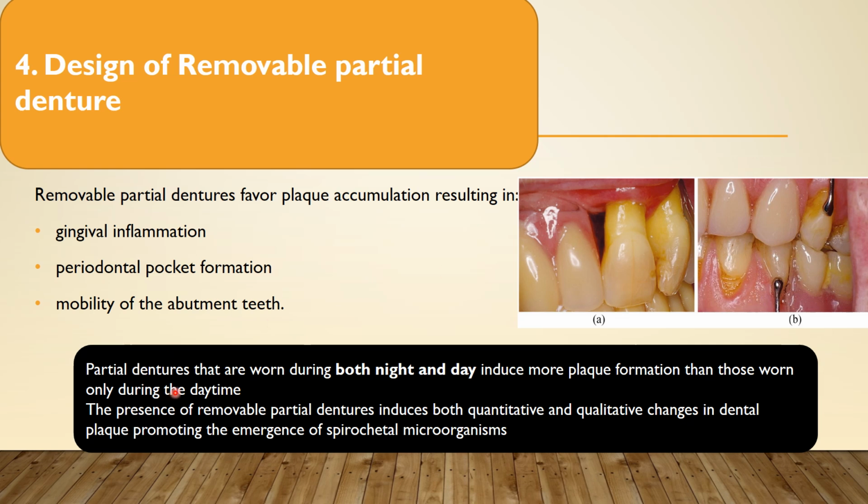For example, partial dentures that are worn during both night and day induce more plaque formation than those worn only during the daytime, because at night the saliva flow will be less and there is dryness of mouth, which can lead to increased plaque retention. The presence of removable partial dentures induces both quantitative as well as qualitative changes in dental plaque, promoting the emergence of spirochetal microorganisms.